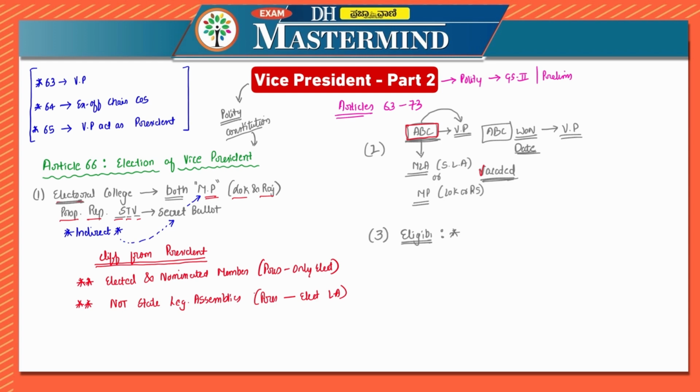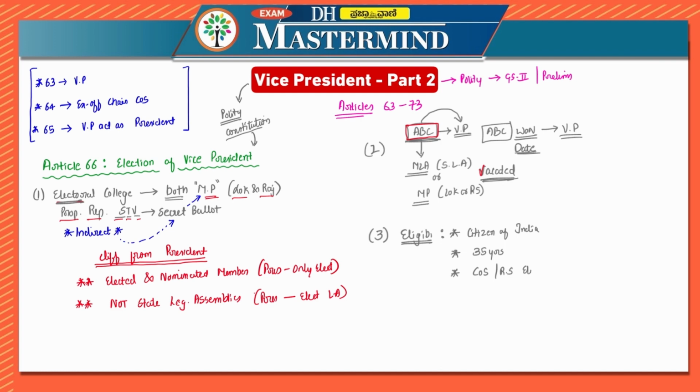First, they have to be a citizen of India. Second, they have to have completed at least 35 years of age. And they should be qualified for election as a member of the Council of States, or Rajya Sabha.